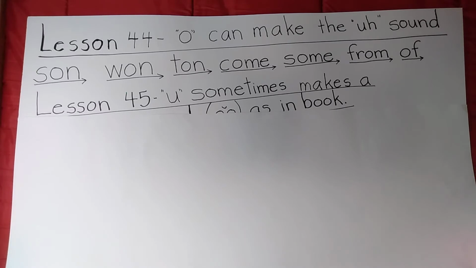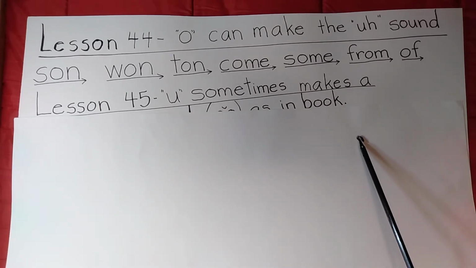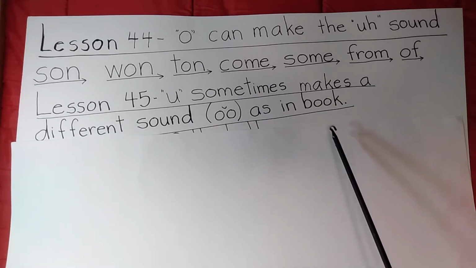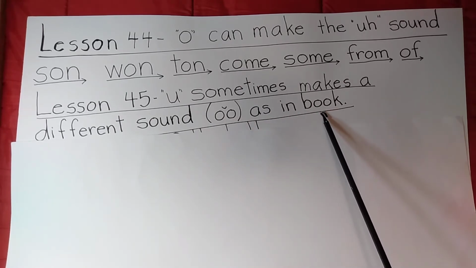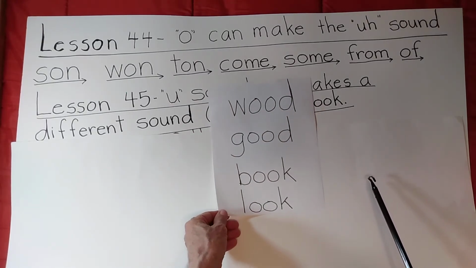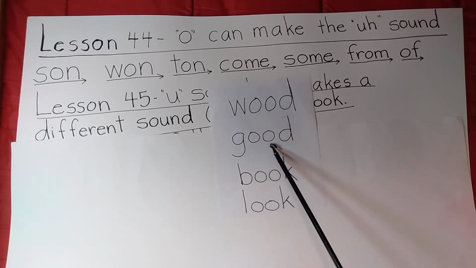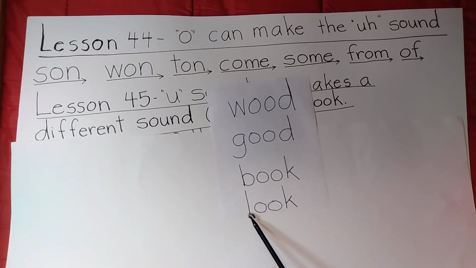And our next lesson, which I uncovered early, is going to be about U sometimes making a different short sound than the short U. It makes kind of an uh sound, as in book. Here are some more examples of that. We've got would, good, book, as we just said, and look.